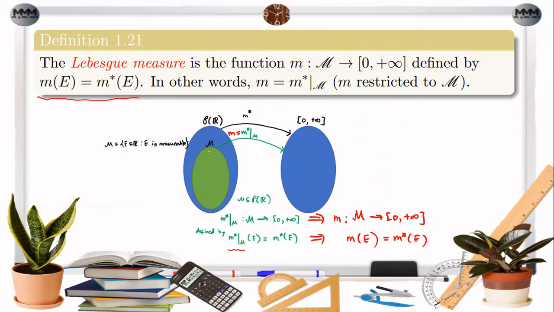Now here, take note that script M is the set of all measurable sets.